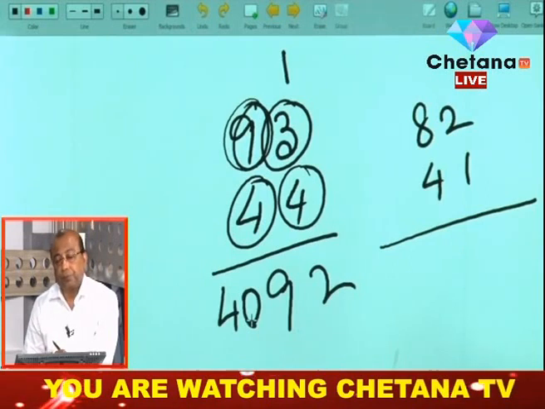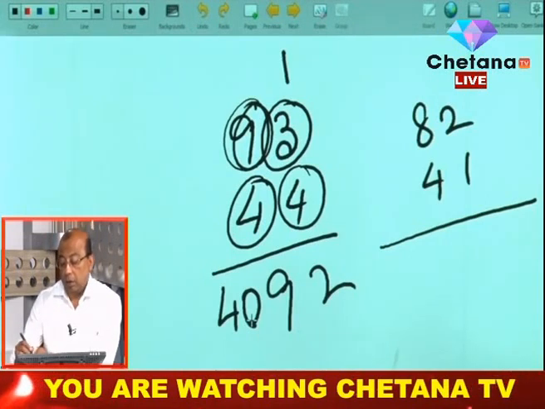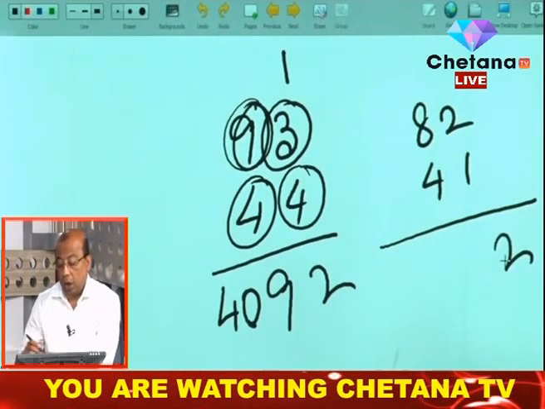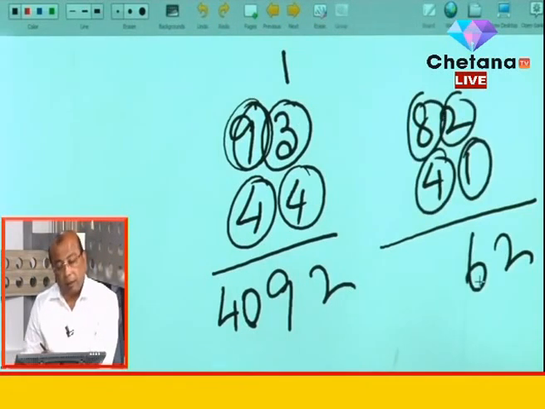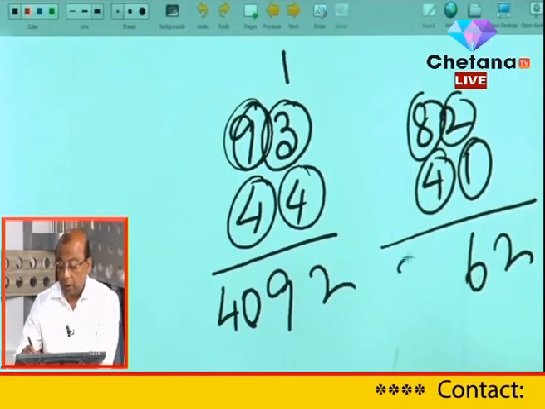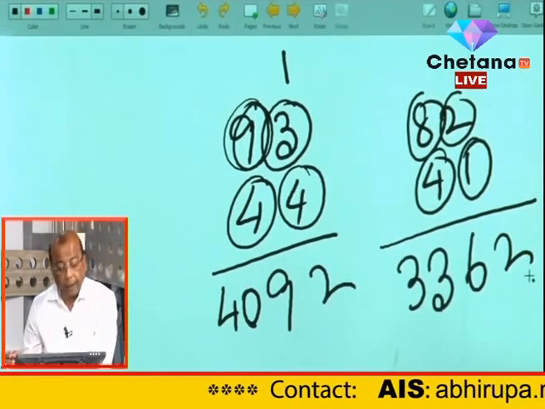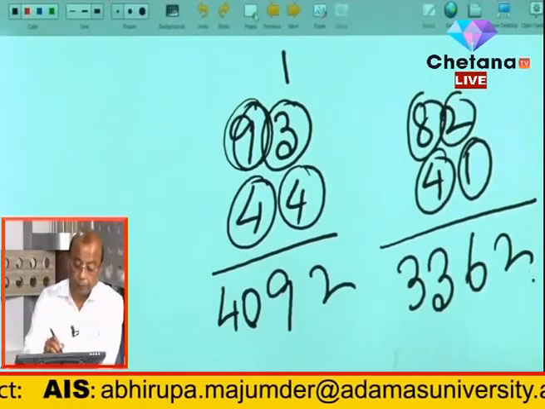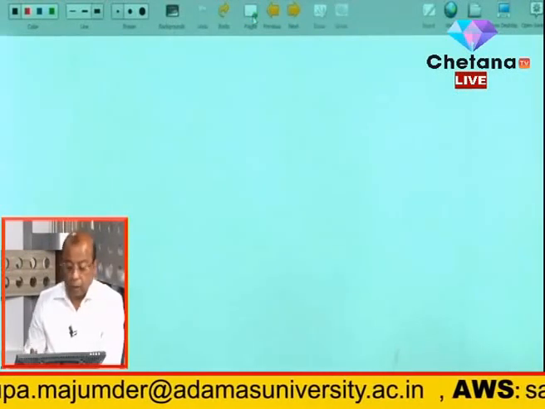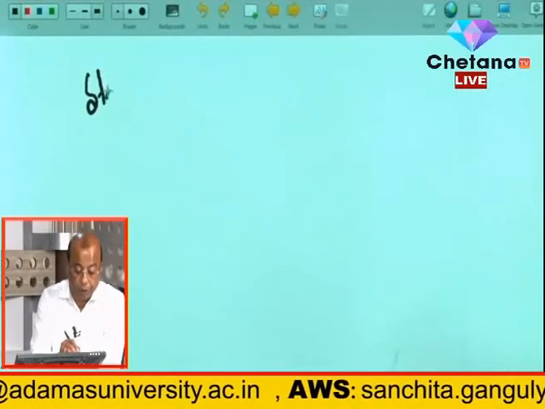So 4092. Next one, 2 into 1, 2. Cross. 8 plus 8, 16. 1 in hand. 8 into 4, 32 plus 1, 33. I think it is clear to all. Method of multiplication is step 2.